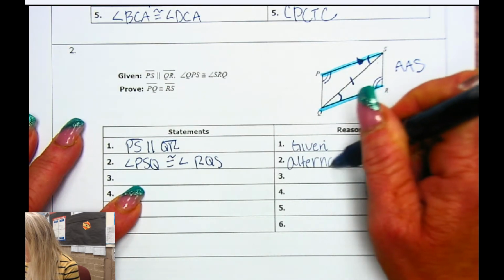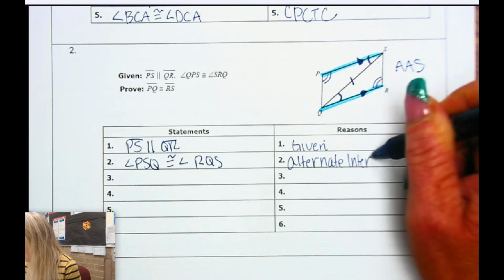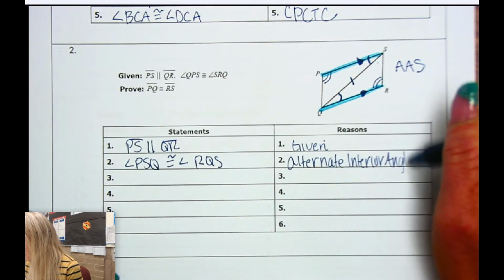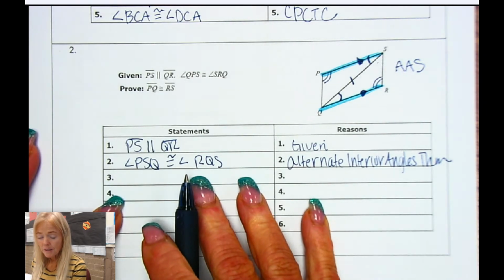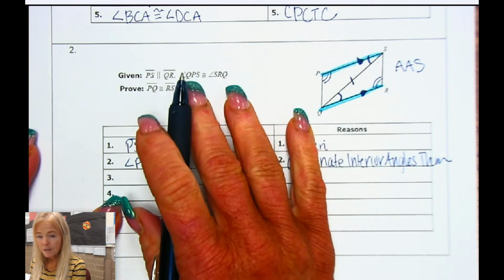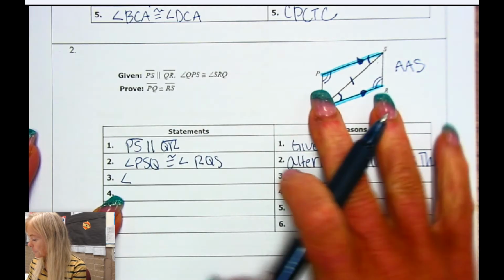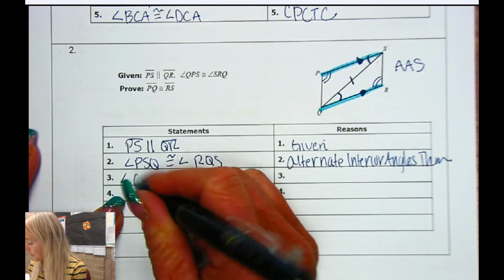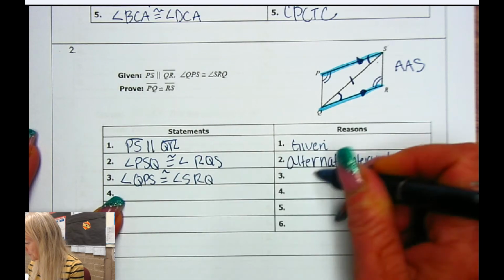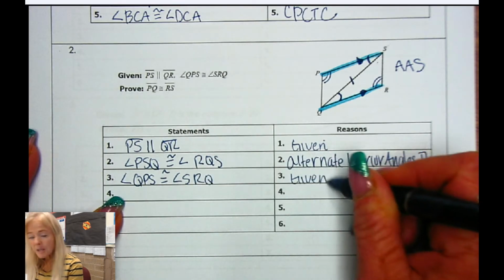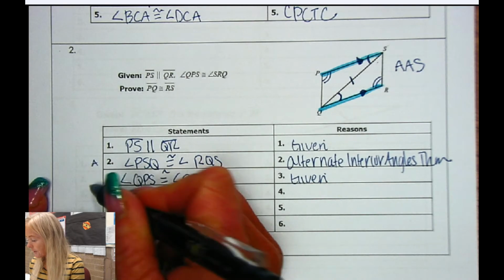So alternate interior angles theorem, that they're congruent. And then we also have a given that the two outside angles, P and R, the angle QPS and angle SRQ are congruent by given. So I have an angle and the angle.